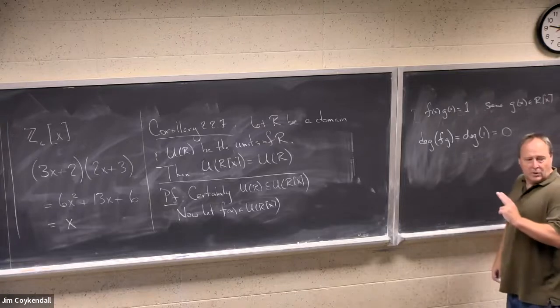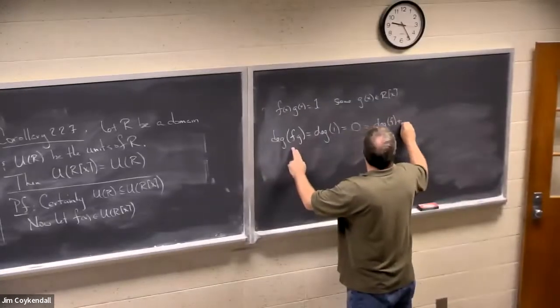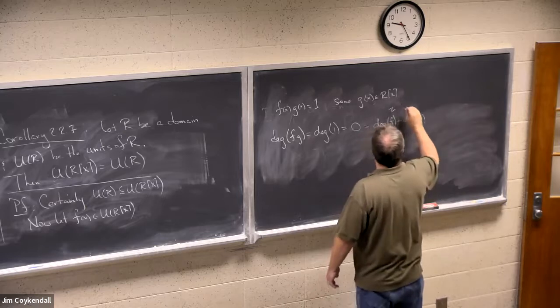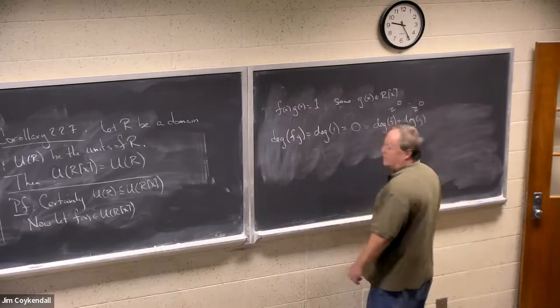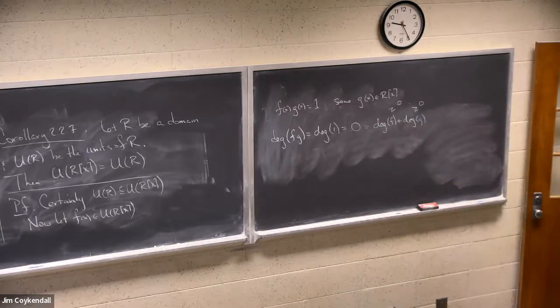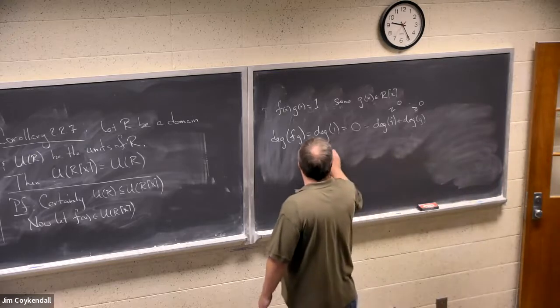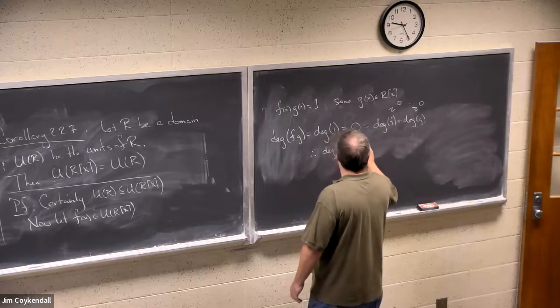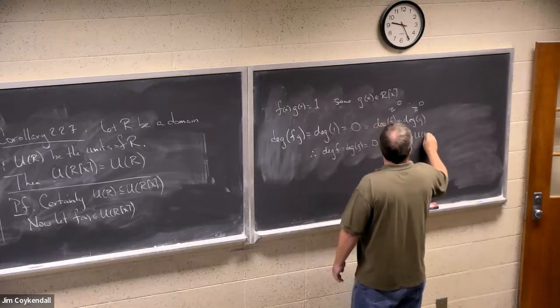And since we're in an integral domain, this is equal to degree f plus degree g. And each of these degrees is, of course, greater than or equal to 0. No negative infinities allowed here because their product has to be 1, right? Therefore, degree f equals degree g equals 0. So f is in U(R).